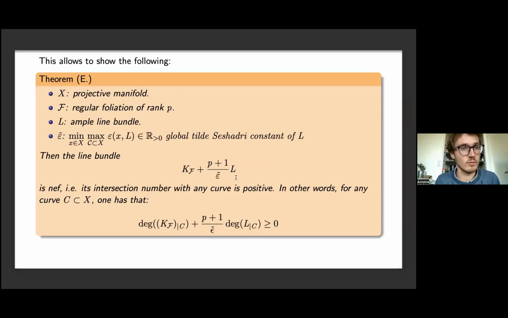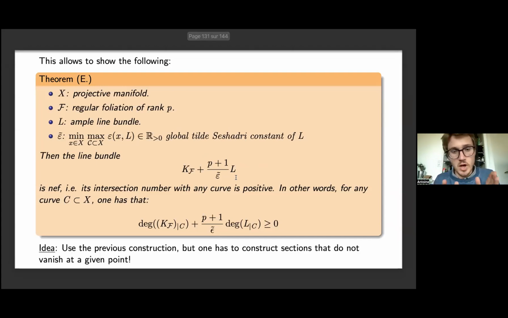I will not enter the details because it's a bit technical here, and I just would like to emphasize the idea of how we can construct them via the previous method. Then one only has to check some details as to what kind of section we produce and how we can ensure that it does not vanish.